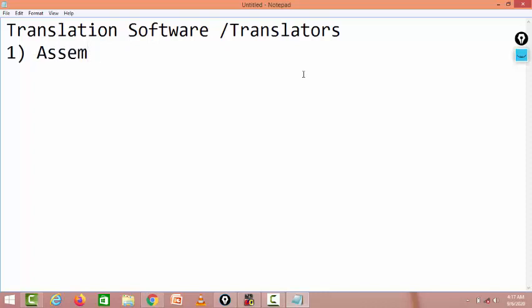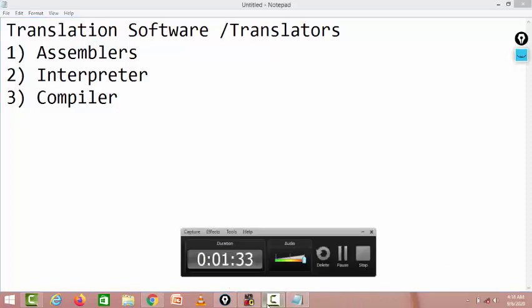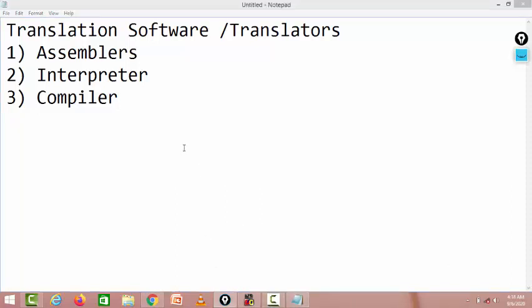One is assemblers. The second one is interpreter. The third one is compiler. So these are the basic three types of translators used in programming languages.